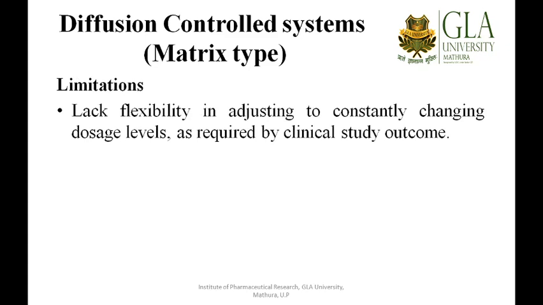Limitations are there as well. So what are the limitations? Let us see. We lack the flexibility in adjusting to constantly changing dosage level, because today's case demands personalized medicine, and the physician, on the suitability of the requirement by the patient, sees how much dose is required for a particular patient, or we can simply say in the case of hepatic or renal failure, we need to adjust the dosage level.